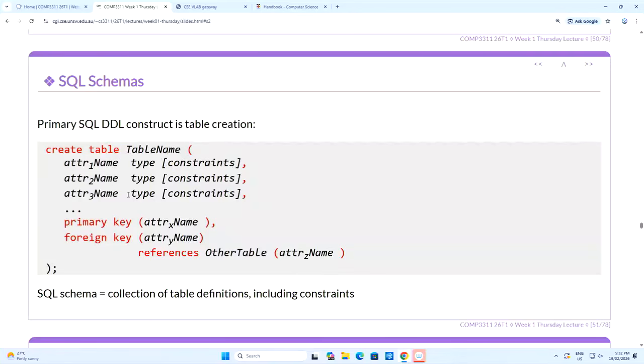And what is the most important about the create table command is the key constraints as well as those attribute constraints. So you need to specify what attribute or what combination of attributes is the primary key. And also, you need to specify what attribute is the foreign key.